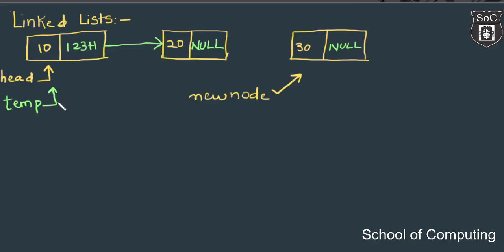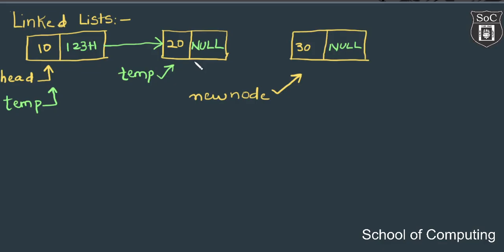Now temp will be pointing to the second node. Again, I'll look into the address component of temp. What is there? There is null in it. So I repeat this process of moving temp from the first node till I find a null in the further nodes. When I find a null, it means that is the last node in the existing linked list.